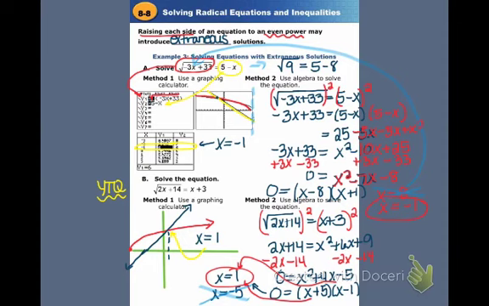So the other place that, when I solved this algebraically, I found that should have worked was x equals -5. And I went through that whole process of squaring both sides. But what happens is when I plug -5 in, I get the square root of 4 equals -5 plus 3.